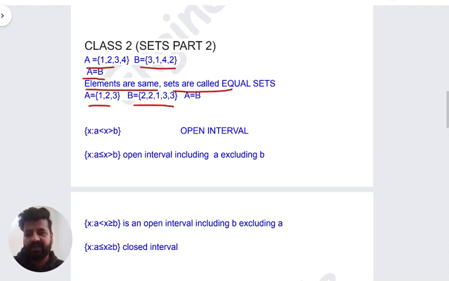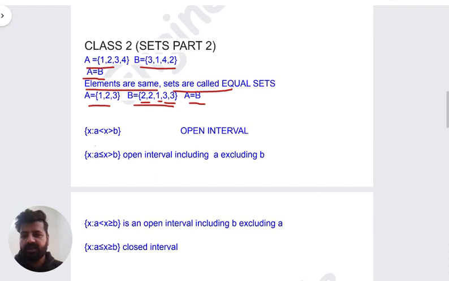If there are 3 elements 1, 2 and 3 in set A, in set B we will just look at what the elements of set B are. We don't consider the repetition: 2, 1 and 3. Then I will say there are 3 elements in set B. One element is 2 and the others are 1 and 3. And my dear, set A will be equal to set B.